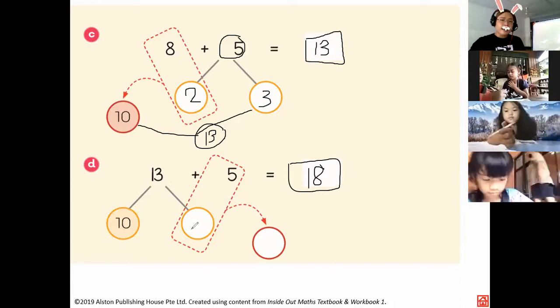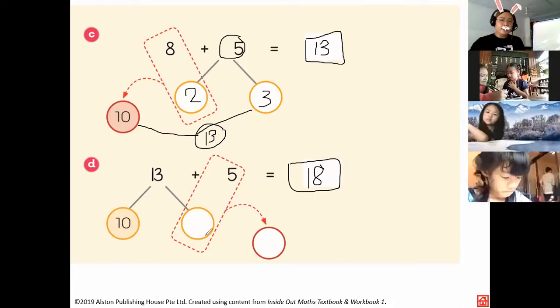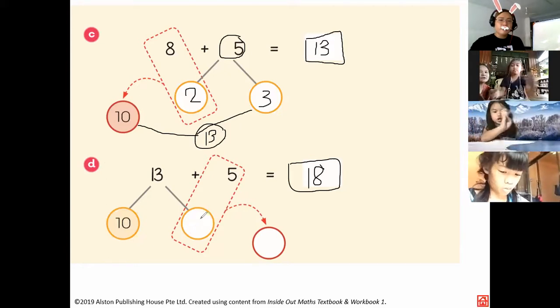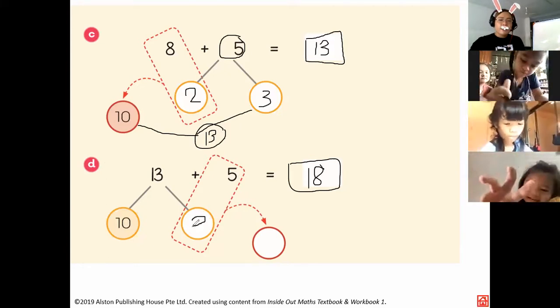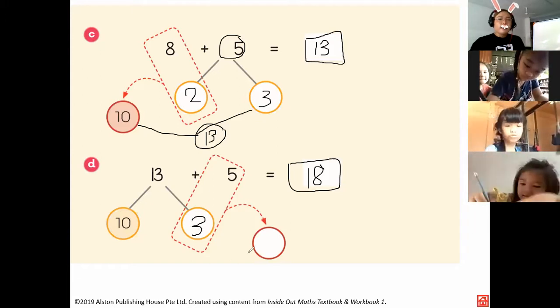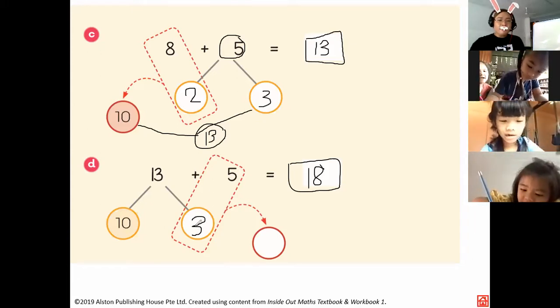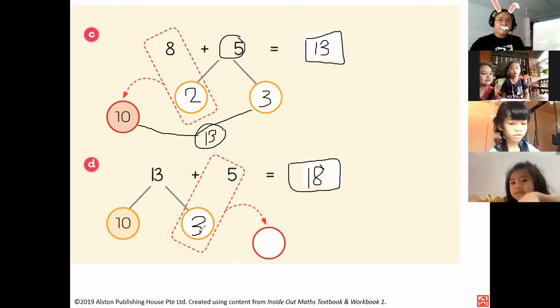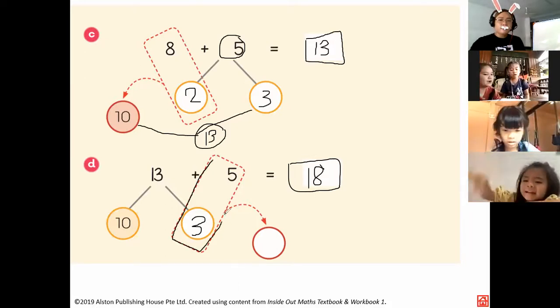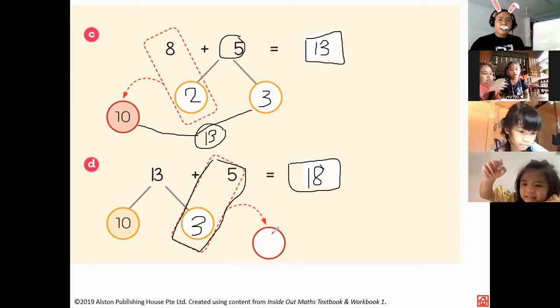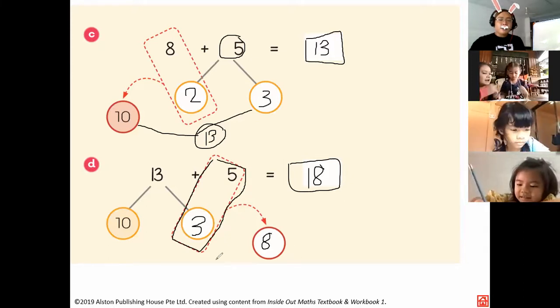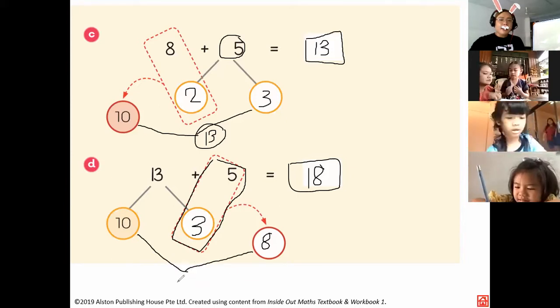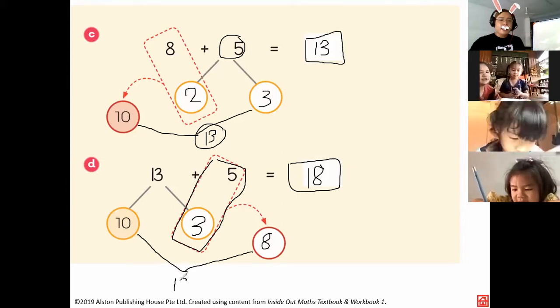So 10 and blank make 13. What is the missing number here? 3. Okay, very good. And 5 plus 3. That's 8. Very good. So 10 and 8 make 18.